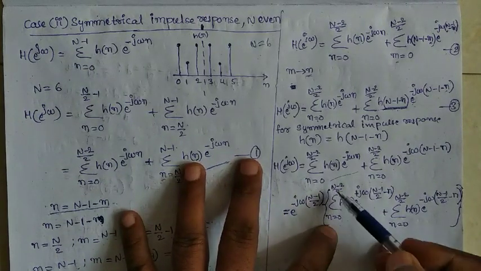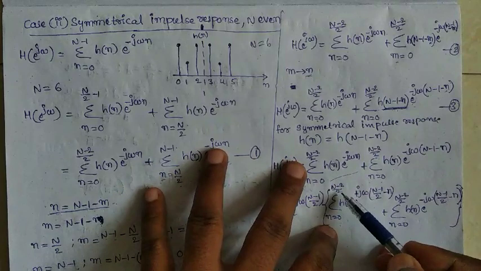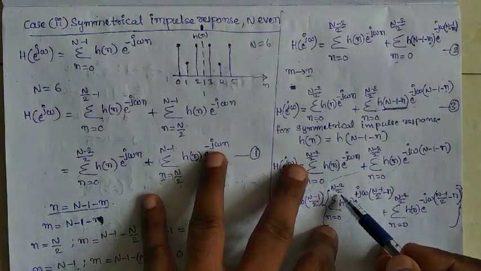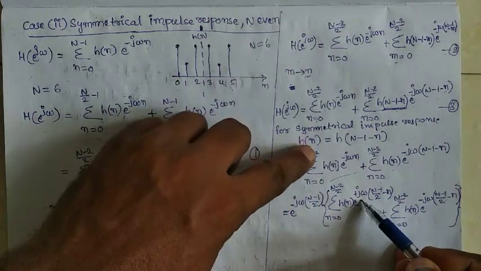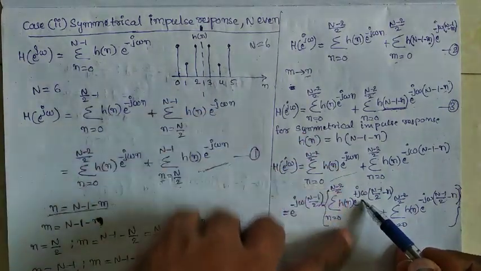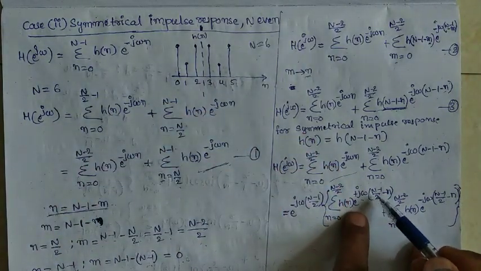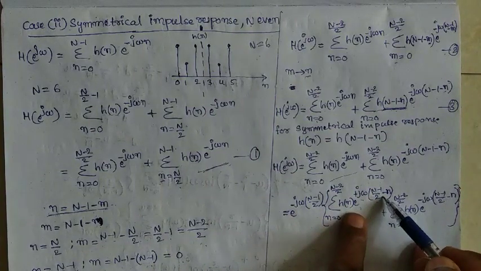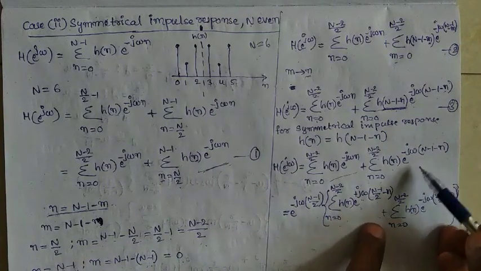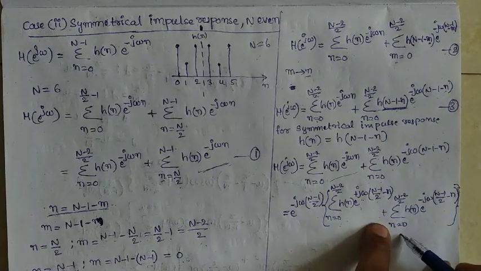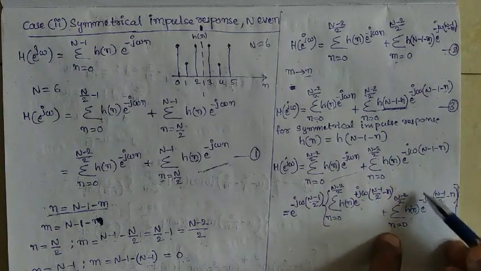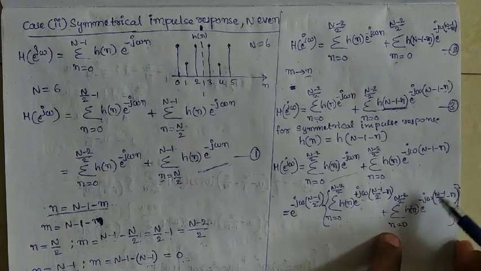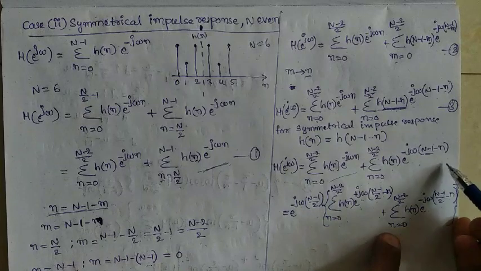Summation n is equal to 0 to capital N minus 2 by 2 h of n into, the remaining term here is e power j omega of capital N minus 1 by 2 minus n, plus in this term the remaining is summation n is equal to 0 to capital N minus 2 by 2 h of n into e power minus j omega of N minus 1 by 2 minus n.